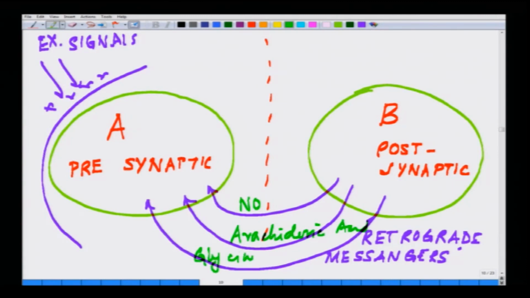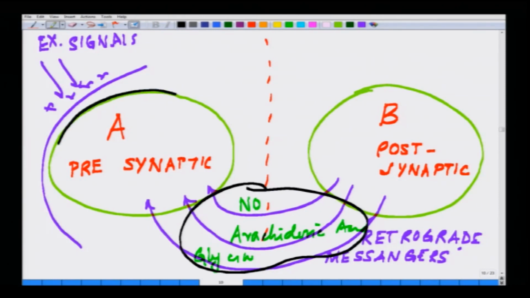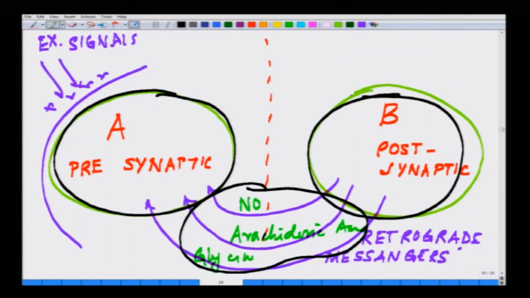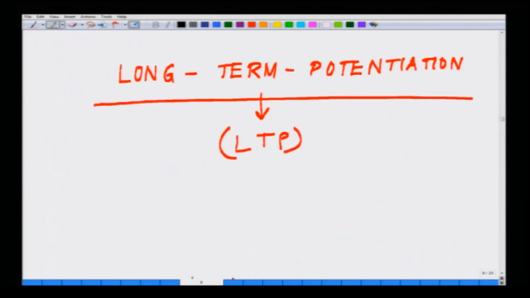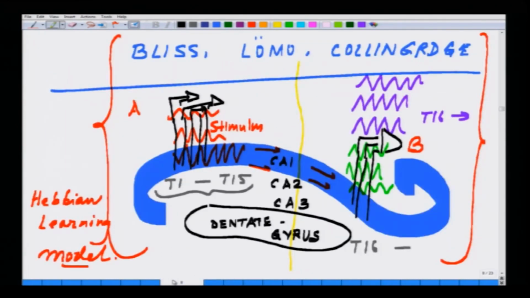But again, none of them have been proved beyond doubt that yes, these are the retrograde messengers. Still there is a lot of controversy over the fact that is it a presynaptic event or is it a postsynaptic event. What we know for sure is this phenomena indeed happen. Hebbian learning model indeed work, but this happens when there is a very strong train of signals sent by A. Strong train of signals. Okay.